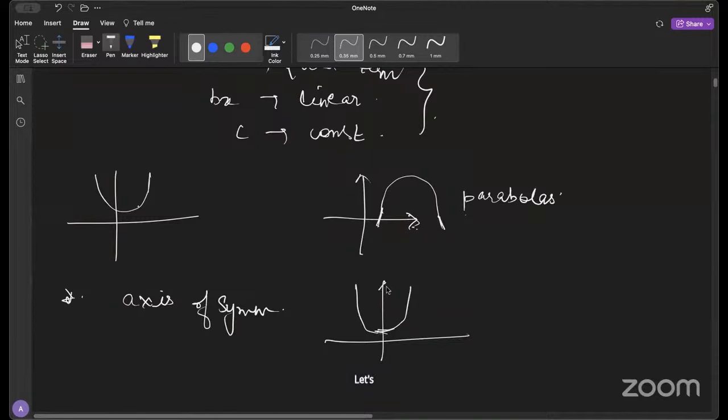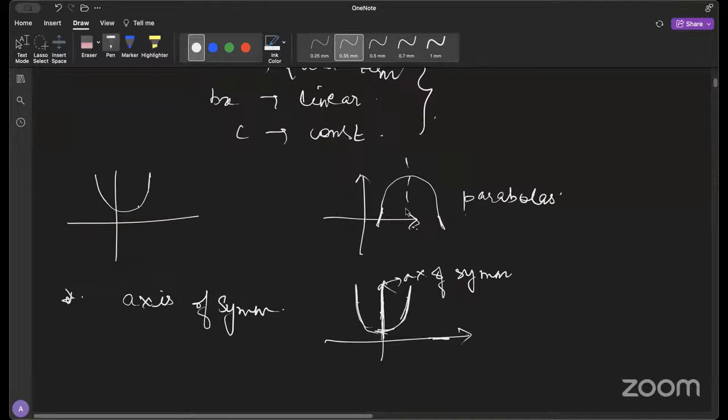An axis of symmetry is basically an axis, like this is the y-axis, this is the x-axis, about which if you fold this thing, these two branches will overlap. If you have a paper and you fold that paper from here, this will overlap here. That's why this is called the axis of symmetry.